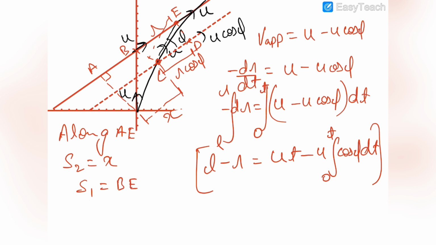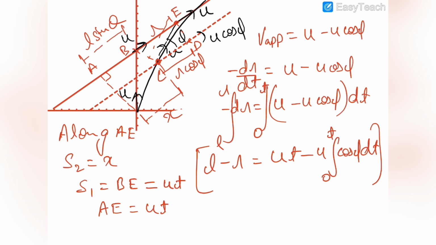Now you can see that at time t, distance BE will be equal to ut, and this complete distance AE is equal to ut plus AB.